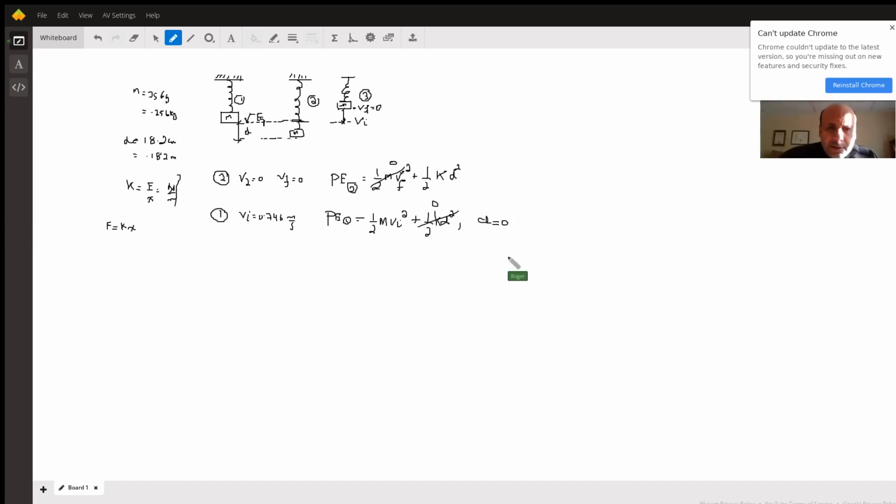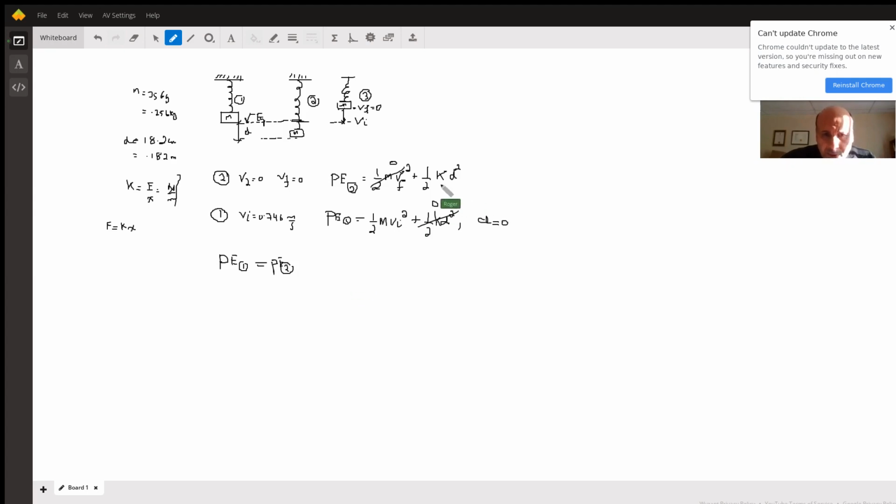So now we apply the law of conservation of energy, which says that the energy at 1 should equal the energy at 2. That is the law of conservation of energy.